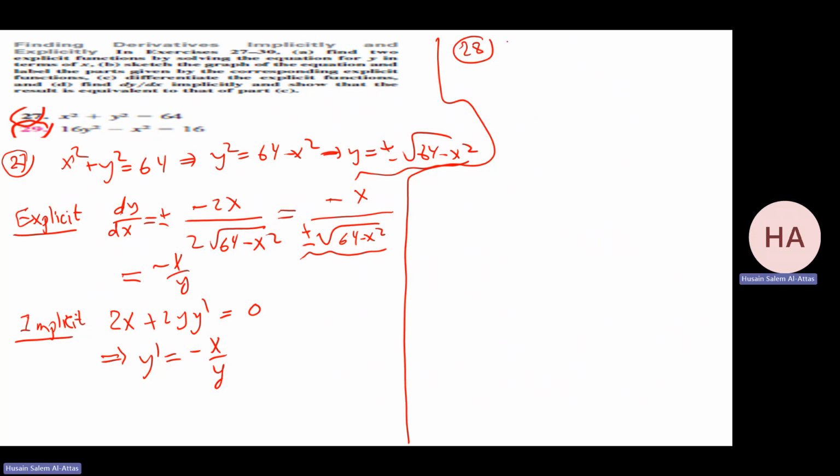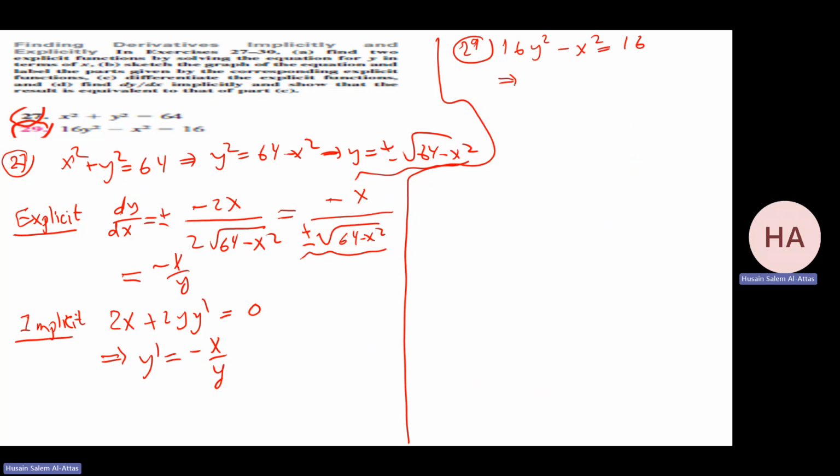Now 28, I have 16y squared. No, this is 29, I mean 29, it's not 28. 29 is what? 16y squared minus x squared equals 16.